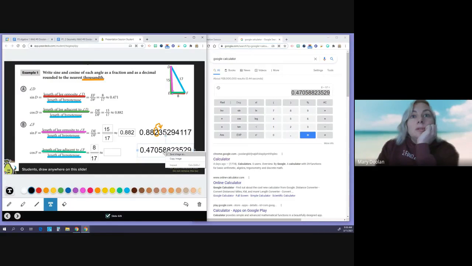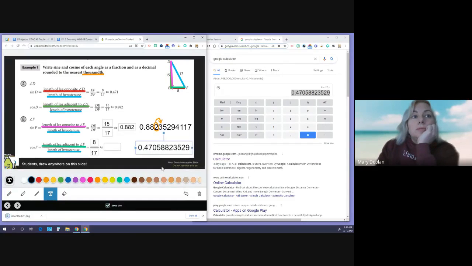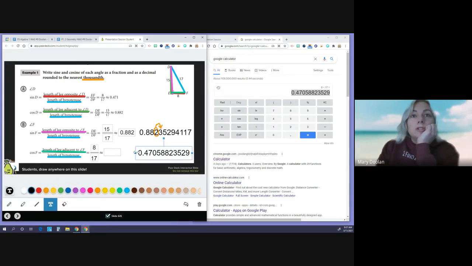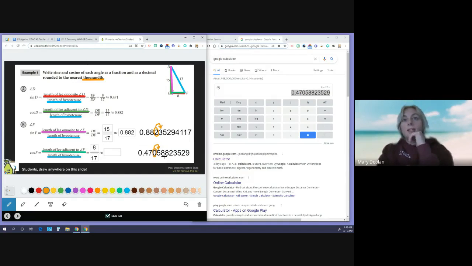Okay, we're going to round. Oops. Well, I don't know what that just did. Pencil tool. All right, so again, we're rounding to the nearest thousandths. So circle where you want to round and look next door. The saying is 5 or more, go up a floor.